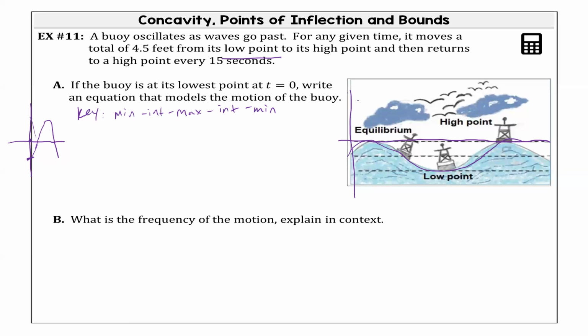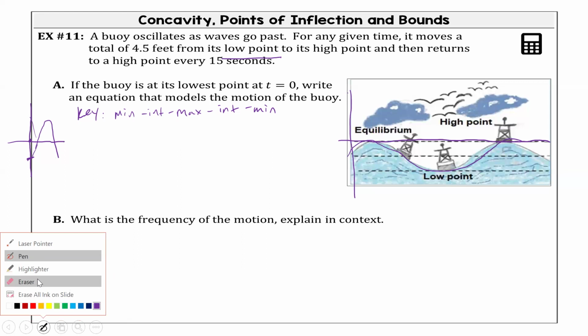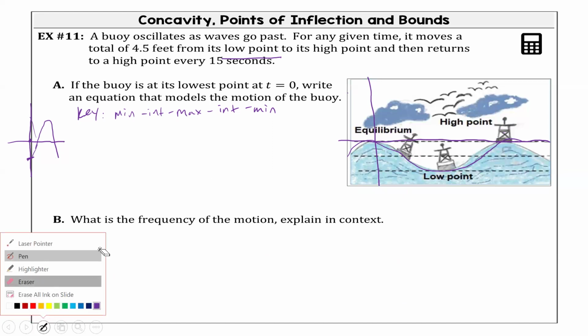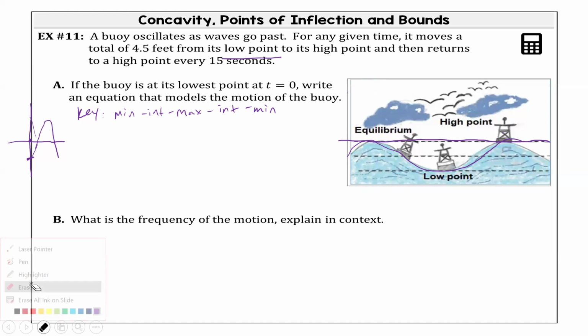Positive cosine starts up and goes down, is what you're saying based on the graph, right? Based on the description of what's taking place, I felt that it started here, which would make it a negative cosine, and then it repeats.